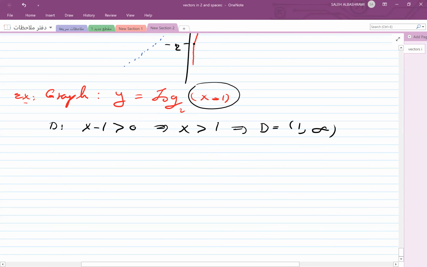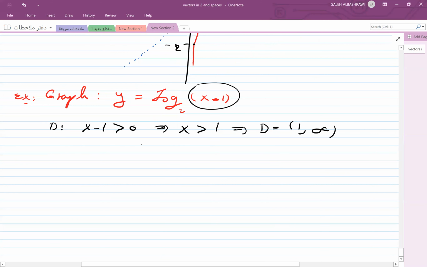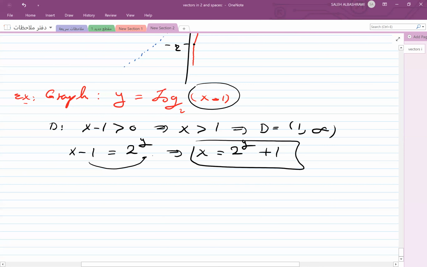Now to graph this function, again, I'm going to write it in the exponential form. I have x minus 1 equal to 2 to the power y, or, moving this to the other side, x equal to 2 to the power y plus 1.